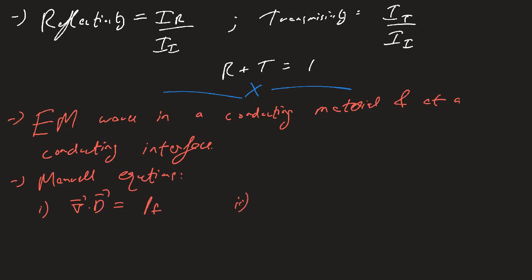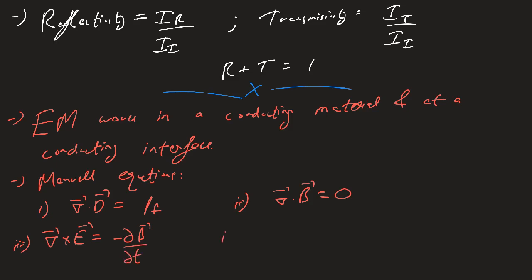Then equation 2 would be that the divergence of the B field is equal to 0. The third Maxwell equation is that del cross E is equal to minus the partial derivative of B with regards to t.